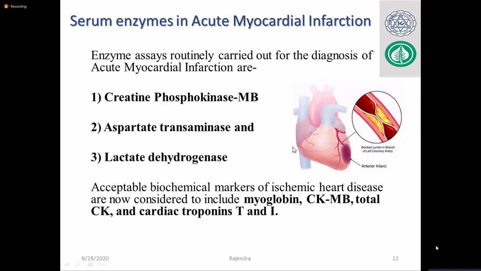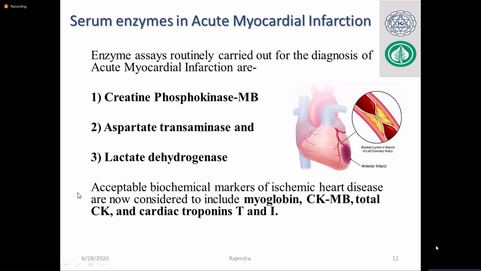We see here one heart. This coronary artery is blocked, and that block causes damage, in particular to this cardiac tissue. When there is damage, these enzymes are released into the blood, and we measure that. There is a reason why these are high: that tissue or those cells are damaged.